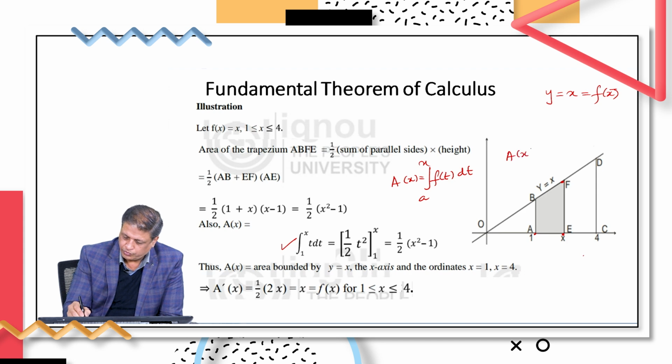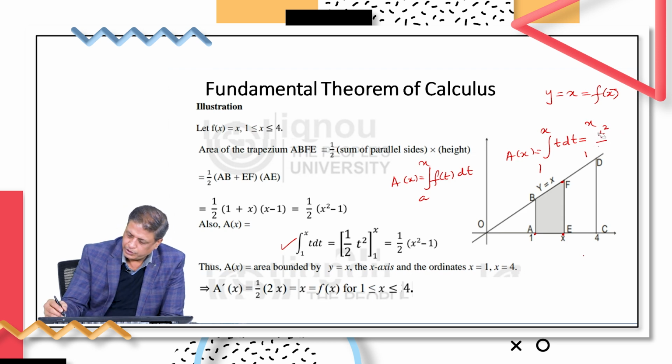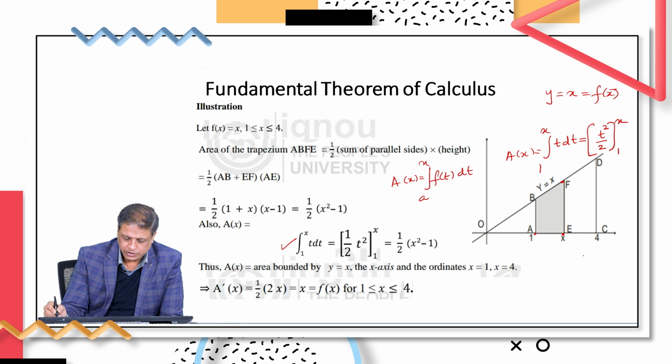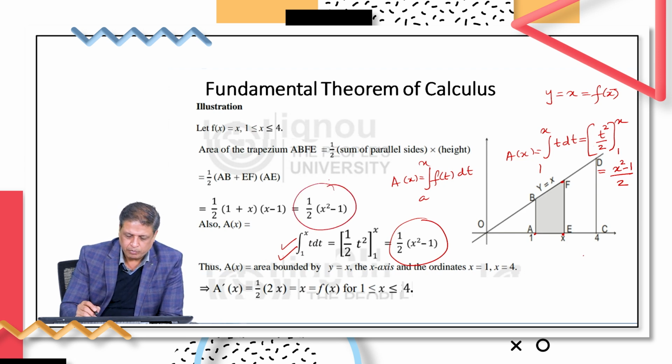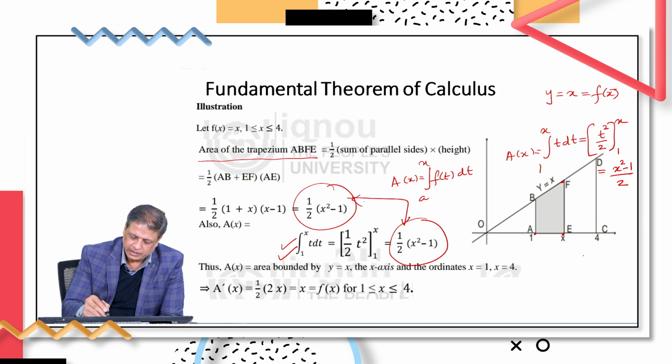So we solve A(x) as the integral from 1 to x of t dt, which is t square by 2 from 1 to x, and this solves to (x square minus 1) by 2. You see that (x square minus 1) by 2 is the integral of t dt from 1 to x, and 1 by 2 into (x square minus 1) is the area of the trapezium. That is, the area under the curve is represented by the integral.